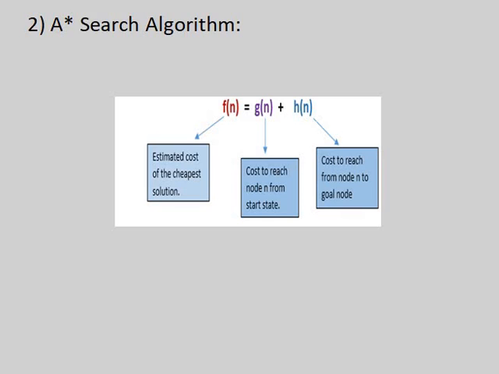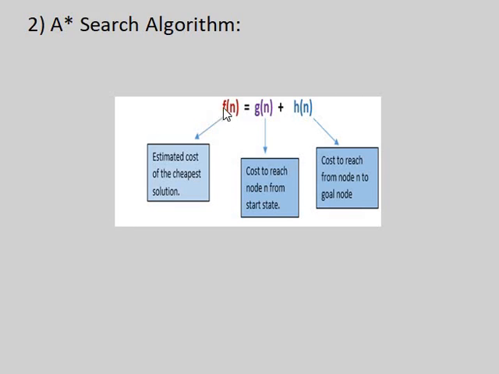This search algorithm is similar to UCS except that it uses g of n plus h of n instead of only g of n. So in the A star algorithm, we use the search heuristic as well as the cost to reach the node. Hence, we can combine both the costs.